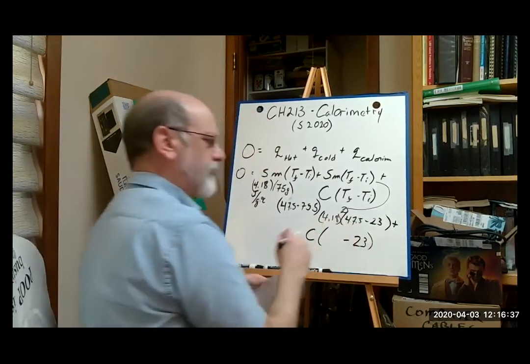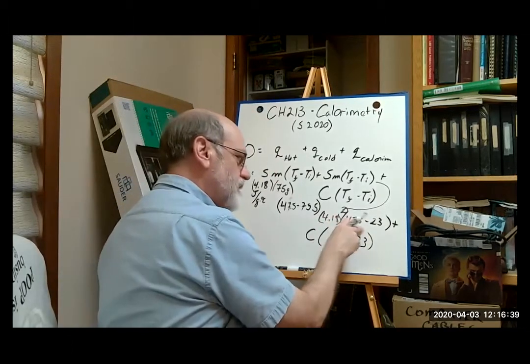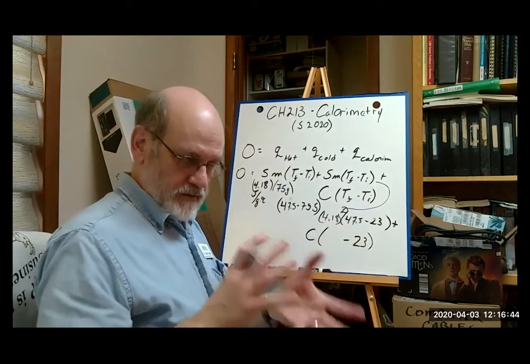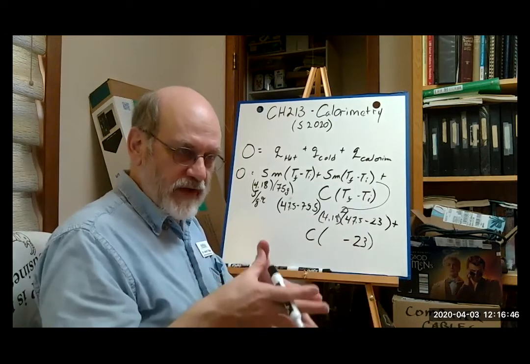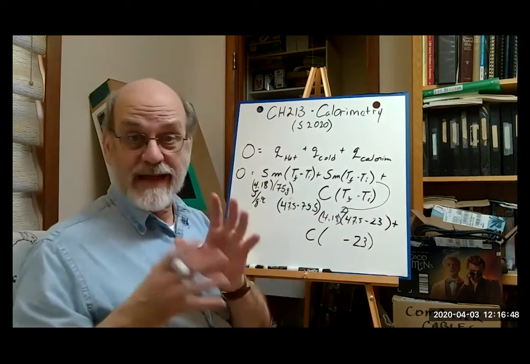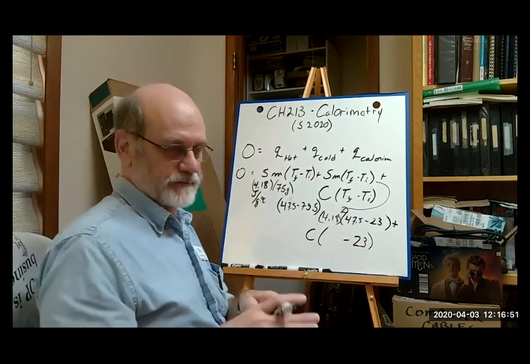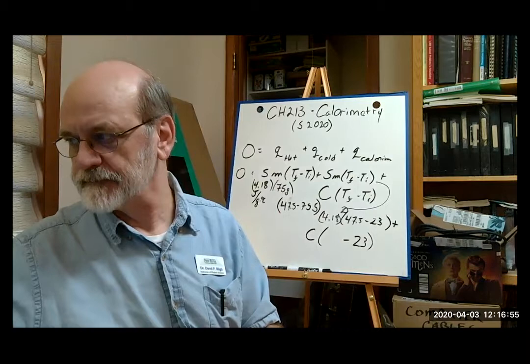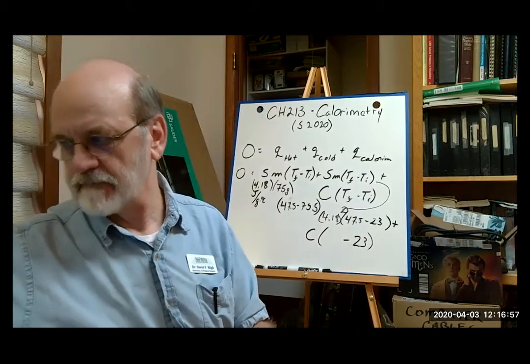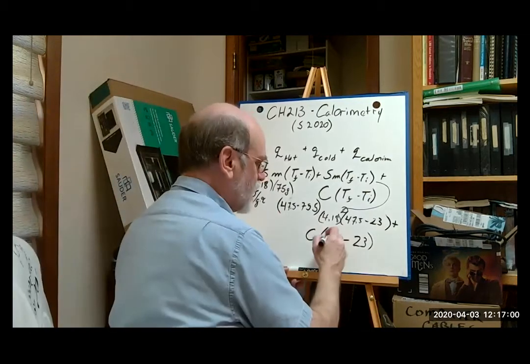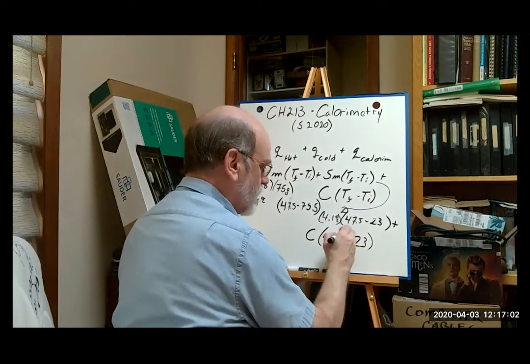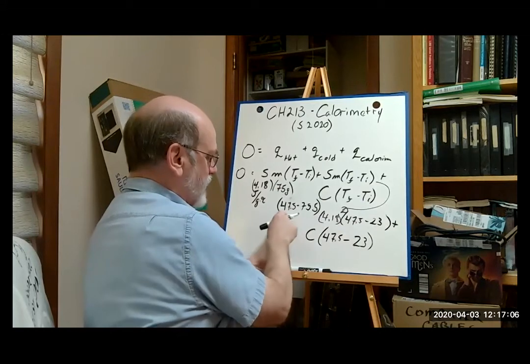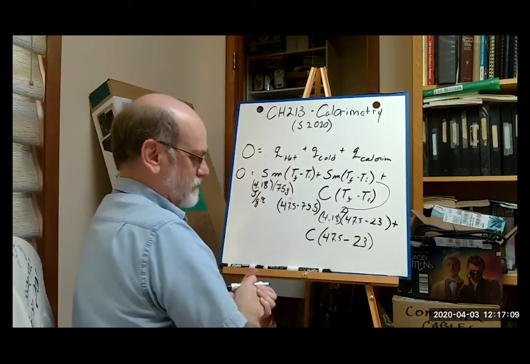I did it right the first time. Final temperature is this one because it is in contact with both hot water and cold water. When they equilibrate, the calorimeter is going to be exactly the same temperature, so it's going to be the same final temperature as the hot and cold water are.